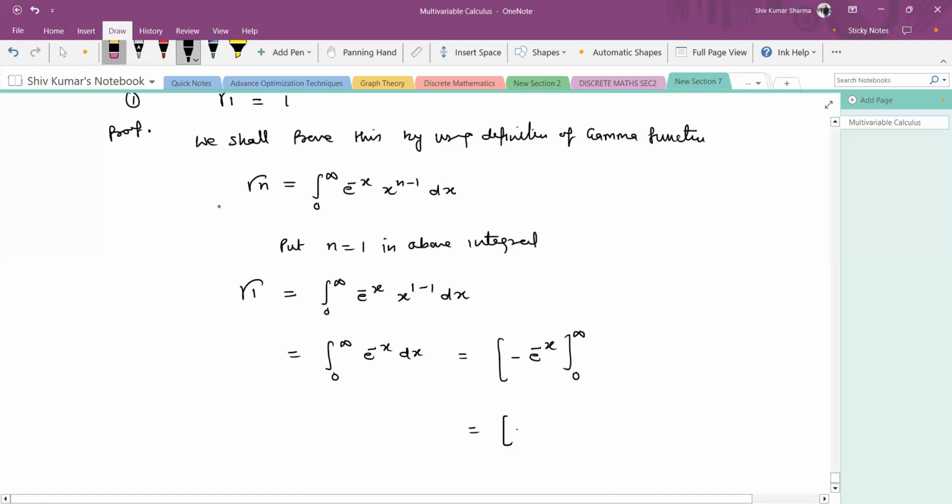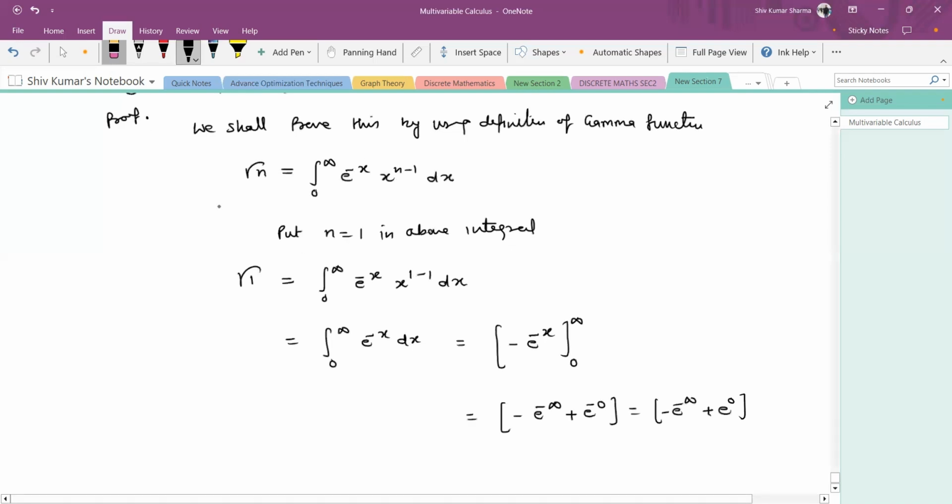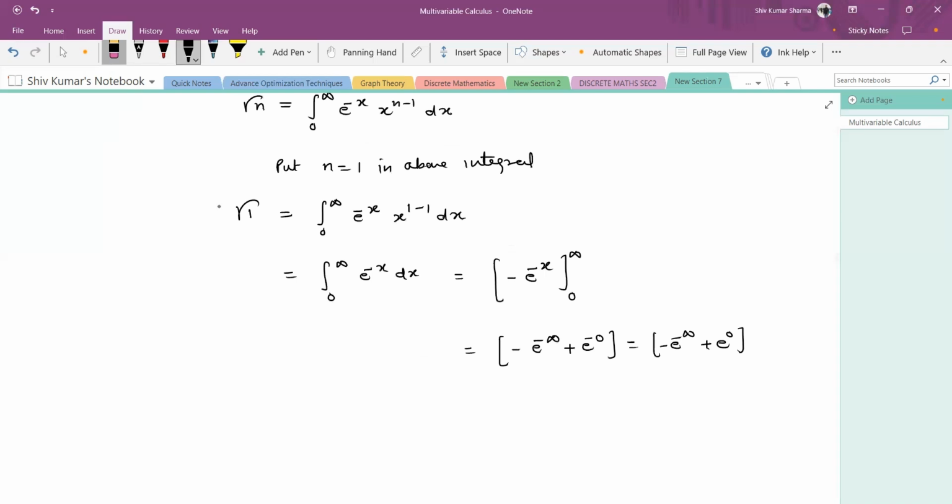So now we apply the upper limit. This gives us minus e raised to the power minus infinity, minus we apply the lower limit, so minus minus plus e raised to the power 0. That means this gives us e raised to the power minus infinity plus e raised to the power 0. This gives us 1. So e raised to the power minus infinity is 0 and e raised to the power 0 is 1.